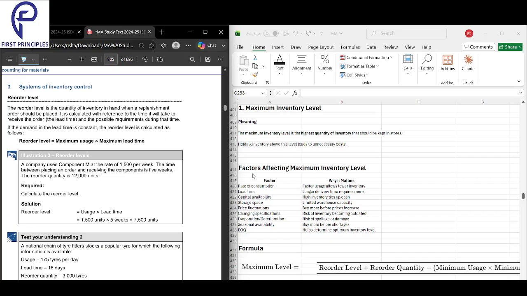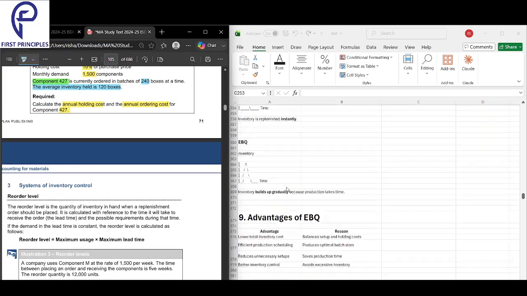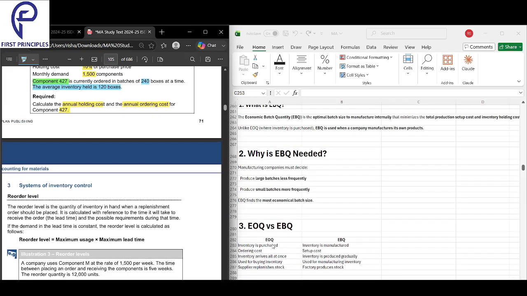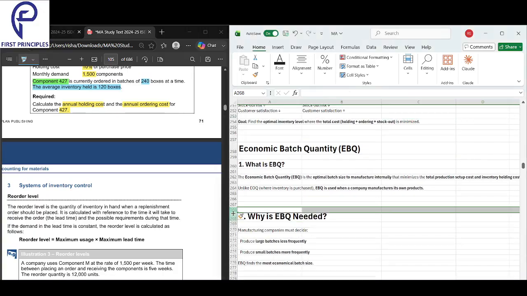So reorder level basically means how much should be your inventory when you're reordering. When you reorder something, how much should be your inventory?